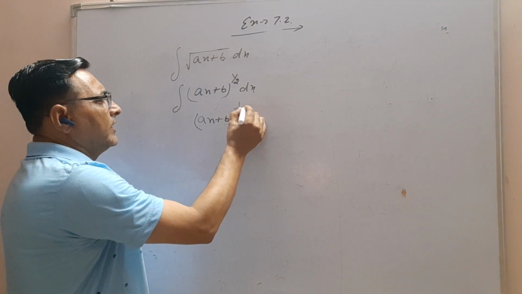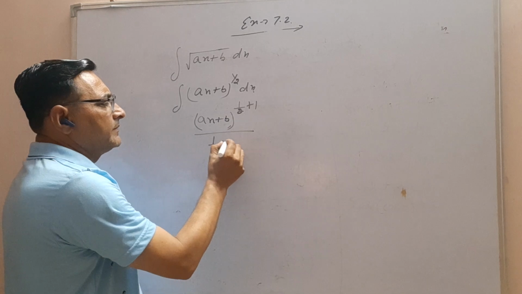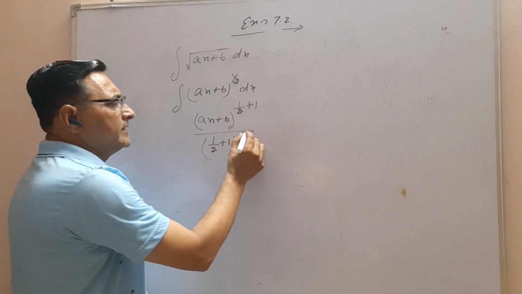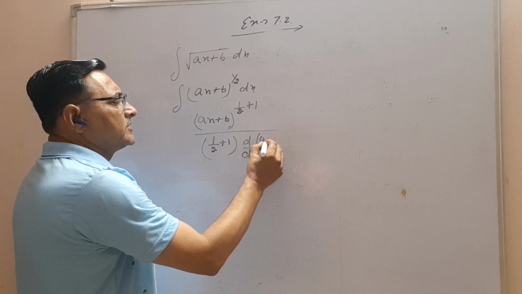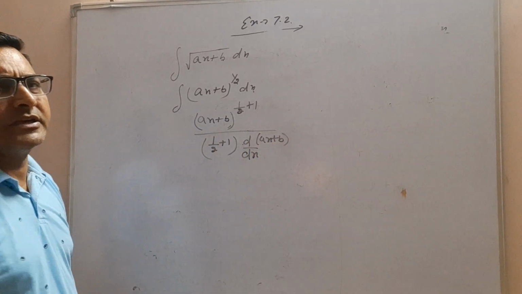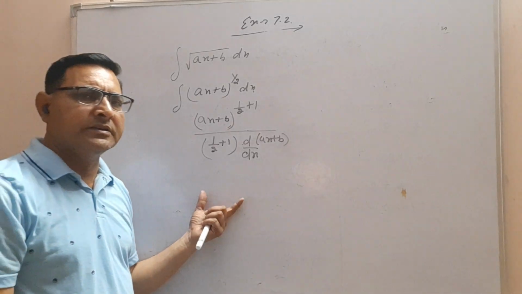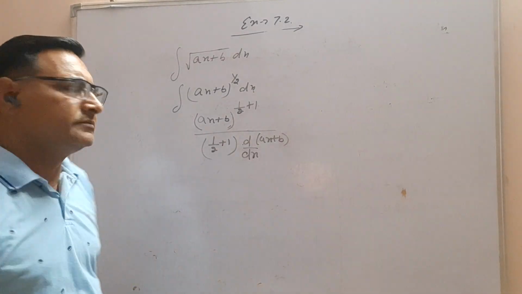We add 1 to its power and the same number here, and in the denominator there is the derivative of this function ax plus b. Always keep in mind, during the integration always take the derivative in the denominator.